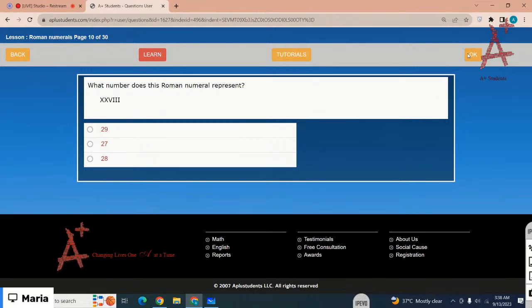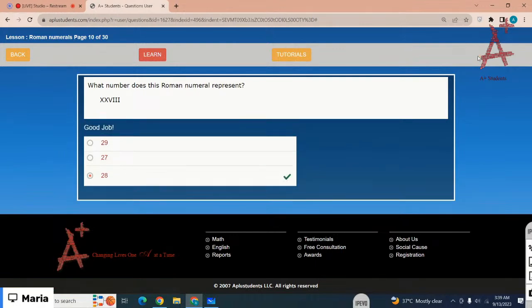What number does this Roman numeral represent? X and X makes 20, right? V makes 25 and you have 3, then 3. So 25 plus 3 makes 28. It makes 28, right?